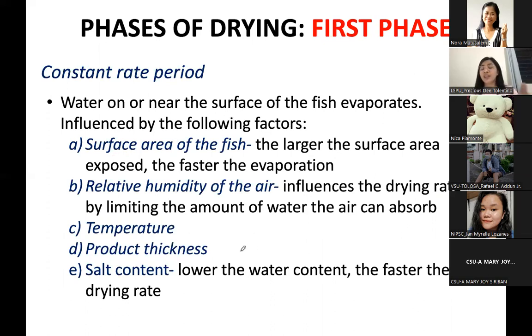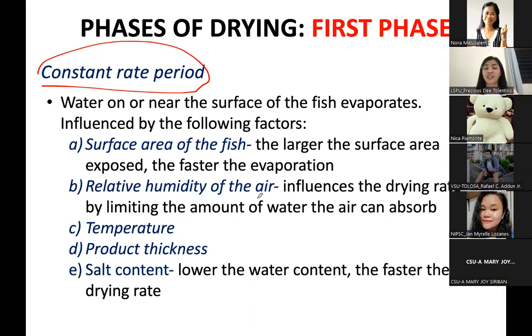Ayan. So there are different phases of drying. We have the first phase, ito yung tinatawag na constant rate period. So meron tayong mga different factors na kinokonsider. Now ito, tandaan nyo na lang talaga siya. Surface area of the fish: the larger the surface area, of course, mas maraming available space or area na pwedeng mapenetrate ng heat, the faster the evaporation.